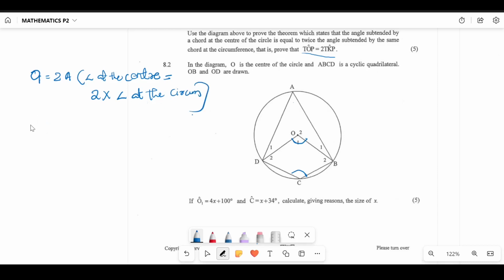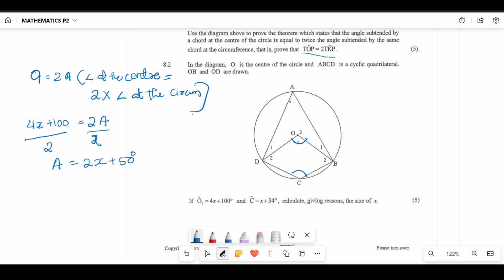That means O1 is 4x plus 100 equal to 2A. Therefore, A is you divide by 2 on both sides. Therefore, angle A equal to 2x plus 50.